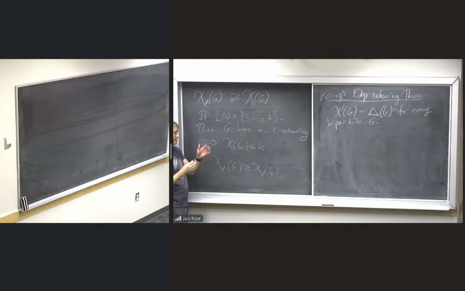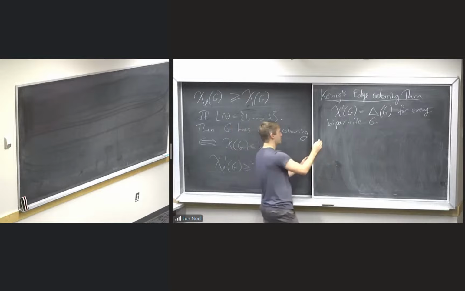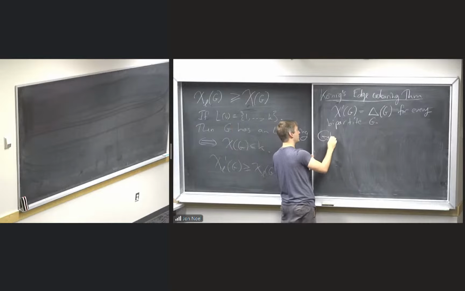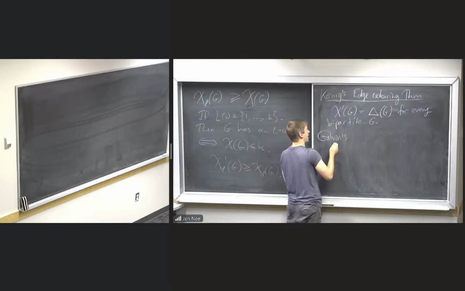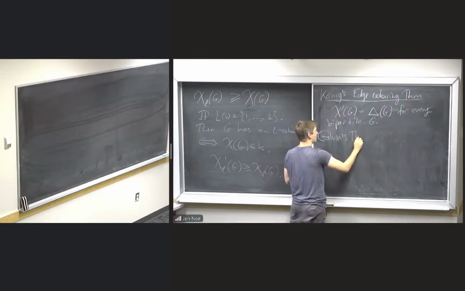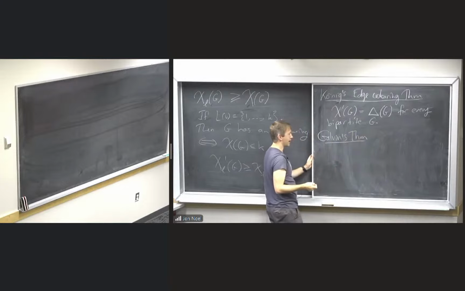This is not too hard. So let's prove something a bit more profound and actually quite surprising, which is the theorem of Galvin, which says the same thing holds for the list chromatic index.